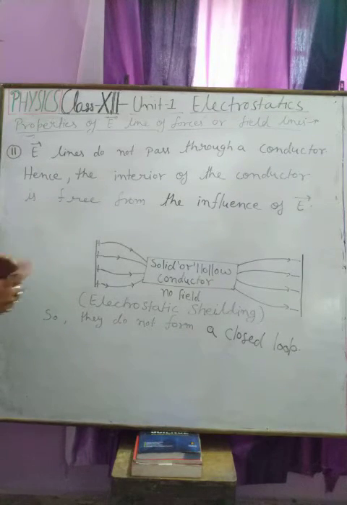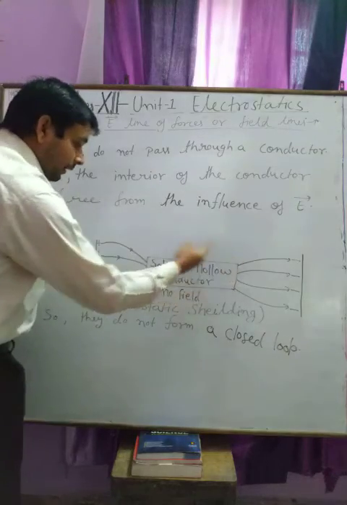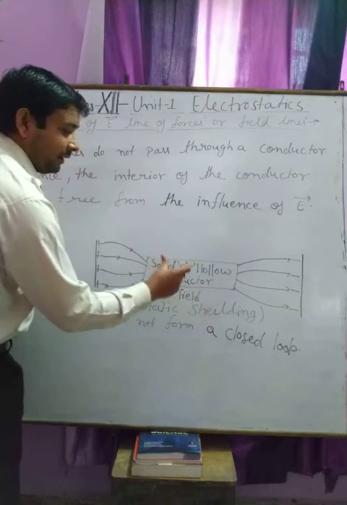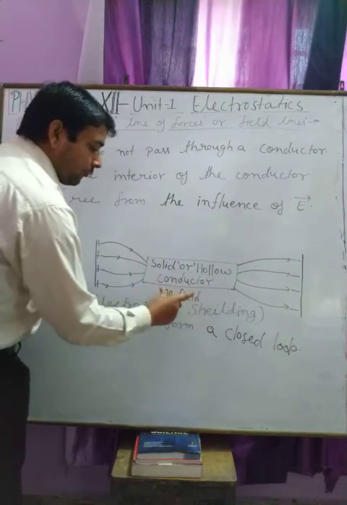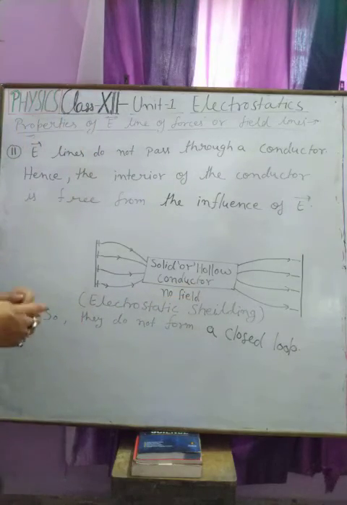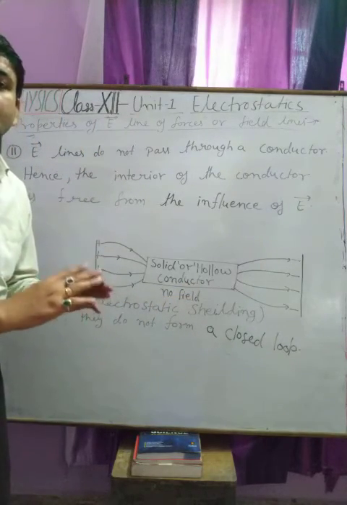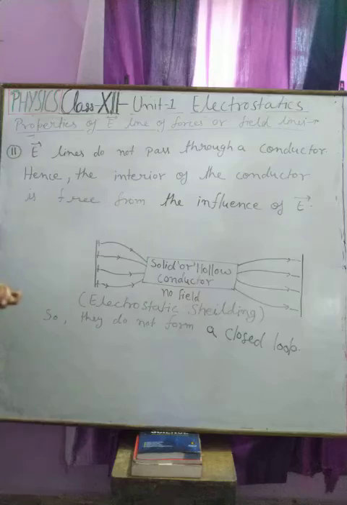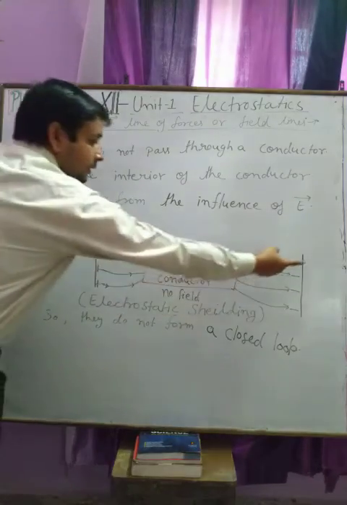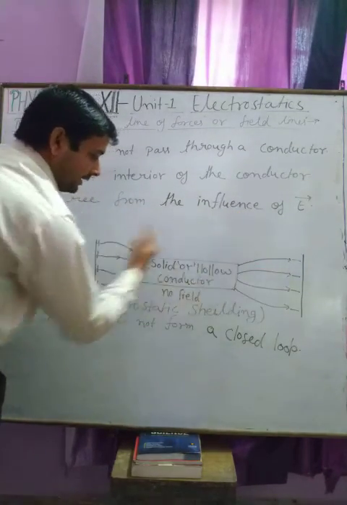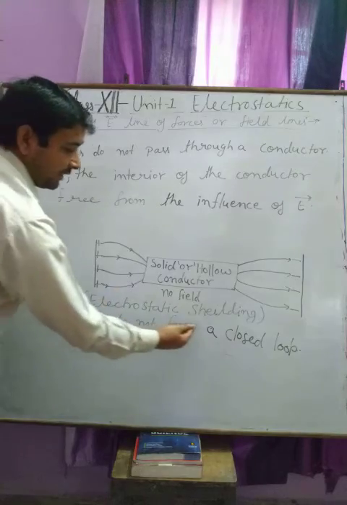We observe here, student, that in the interior of the conductor there is no field, that is, they are not able to form a closed loop. This whole phenomenon is called electrostatic shielding.